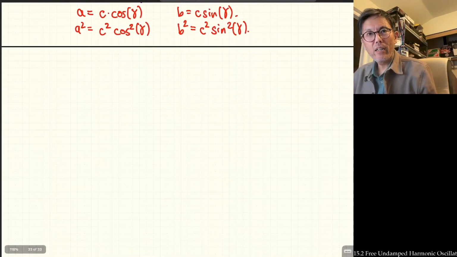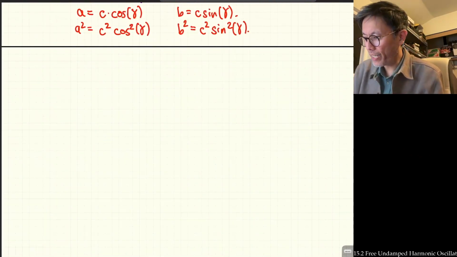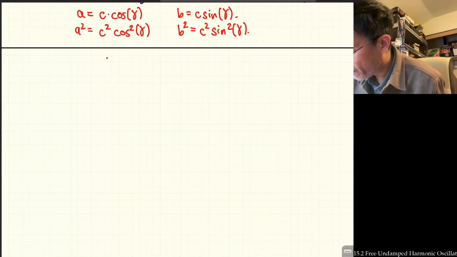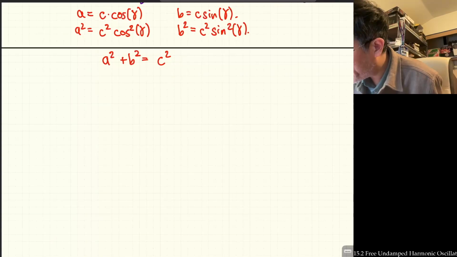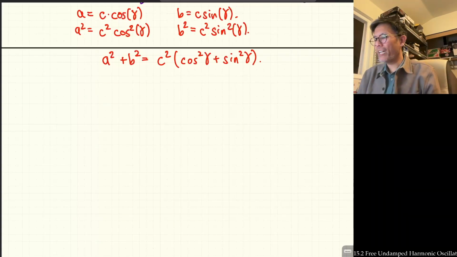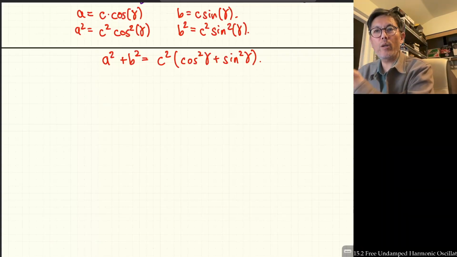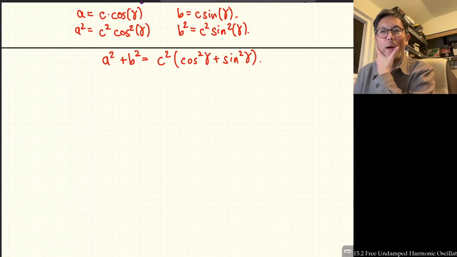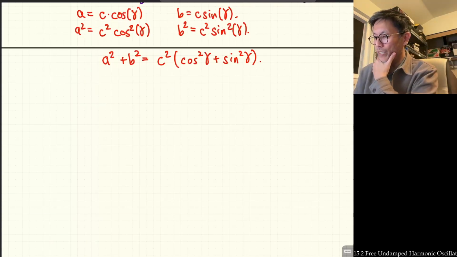Then A squared plus B squared is equal to C squared times cosine squared gamma plus sine squared gamma. By the Pythagorean identity, cosine squared anything plus sine squared anything is 1. So I get rid of the gamma that way, and I'm left with A squared plus B squared equals C squared.